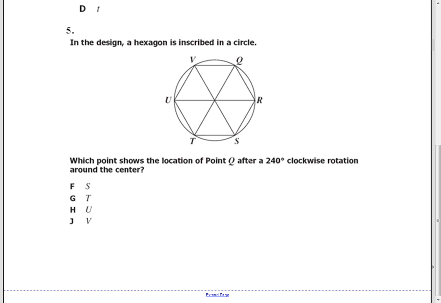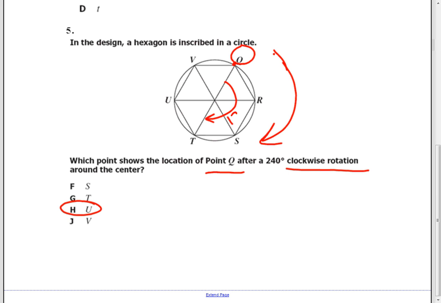Raise your hand, tell me what you got for number 5. Chase? I got you. You got U. Let's take a look. Where are we starting? Point Q. Which way are we going? We're going clockwise, which means we're going in this direction. Because 180 is T. Say that again? 180 is T. All right, so we know from here to here is 180 degrees. So can we rule out T since we're looking for a 240? We can rule that out. S doesn't even go that far, it only goes to here, so that can't be right. And V, how do we know it's not V?